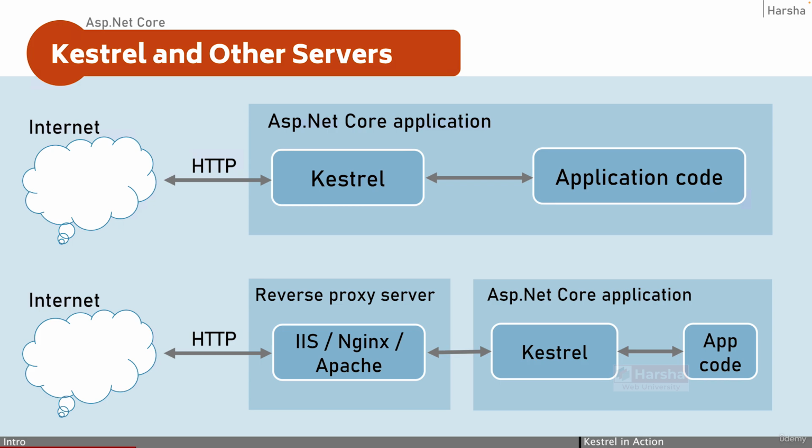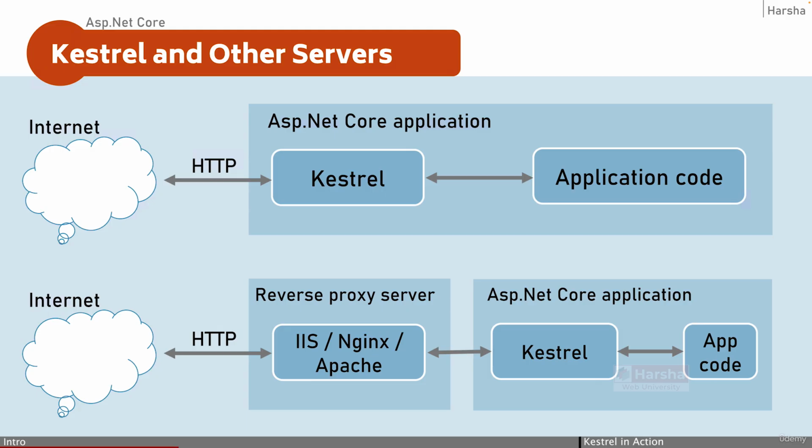The architecture looks like this. With only Kestrel, the HTTP request will be received from the local network or internet. Kestrel receives that request and forwards it to the application code. Kestrel fills the information in the form of an object called HTTP context.